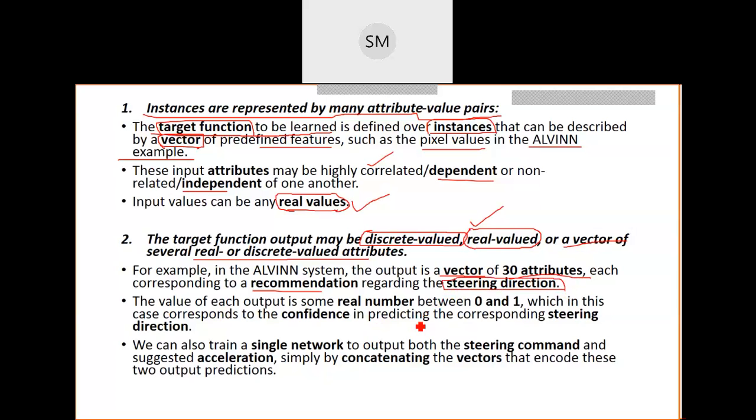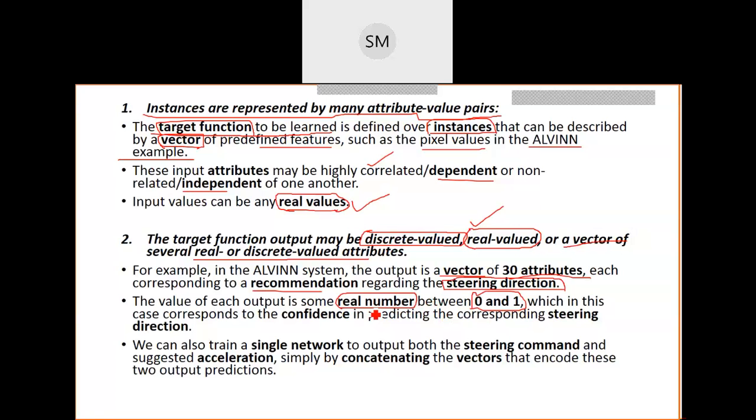The value of each output is some real number, between 0 and 1. It means 0.1, 0.2, 0.4, 0.5, and so on till 0.9 and 1. The output will be a real number which lies between 0 and 1.